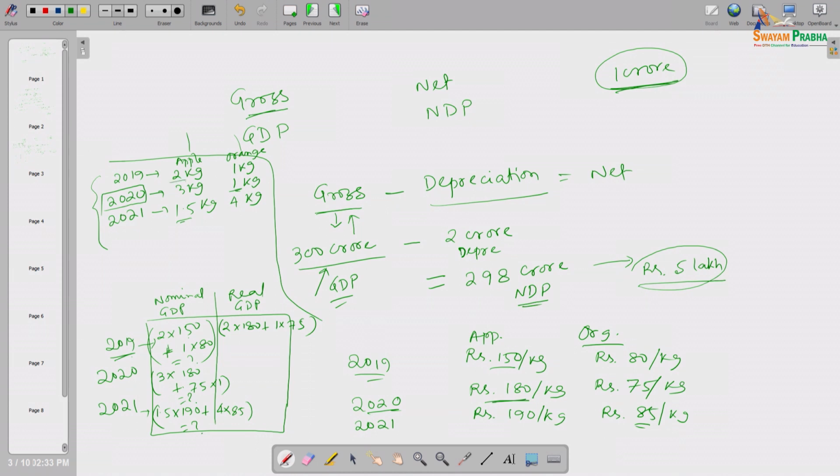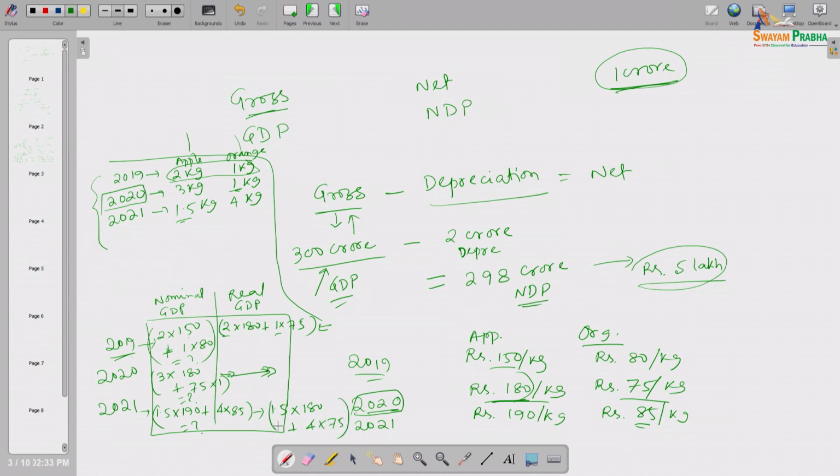Look, this production basket is 2 and 1, but the price level of 2020 only I am considering. That same price level I will consider for 2019 also. For 2020, whatever nominal GDP is will be the real GDP, because the price level of 2020 we are considering as the base period. 2021 it will be 1.5 into 180 plus 4 into 75.